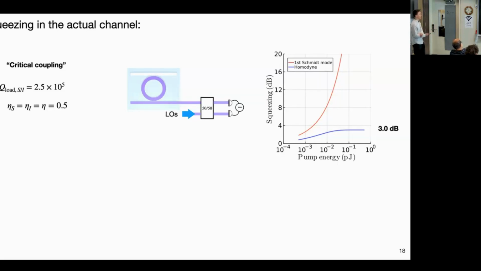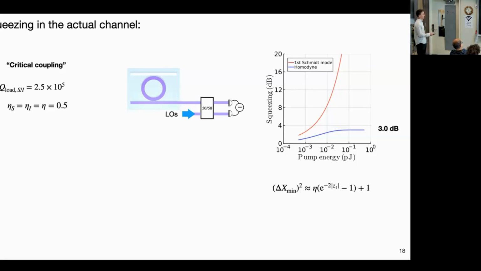And that's because a lot of the photons are being lost out to the phantom channel, so not many of them make it to this measurement. You see the red curve corresponds to the squeezing we would have measured if we had access to the entire Schmidt mode. And it's indicating that there's an excessive production of signal and idler photons in the system, but we can only measure so many of them because there's loss.